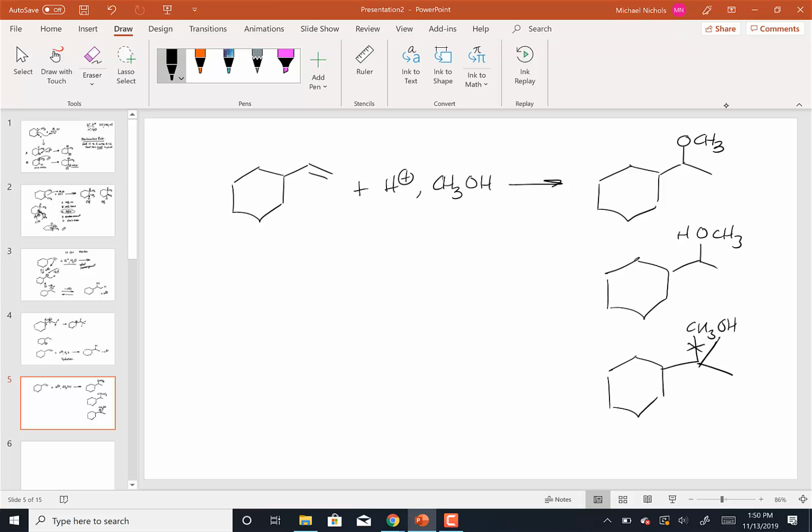I mean, it can be, I suppose. But if the H is going to be there, then what else needs to be there? A positive charge on the oxygen. But what's going to happen to this molecule? I'm going to end up losing H plus to form this.